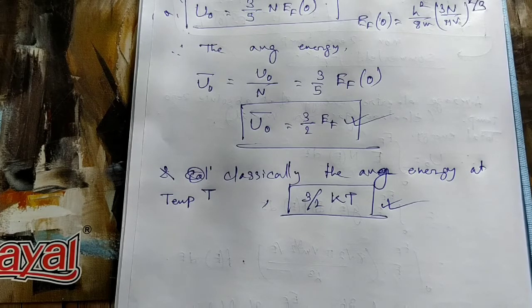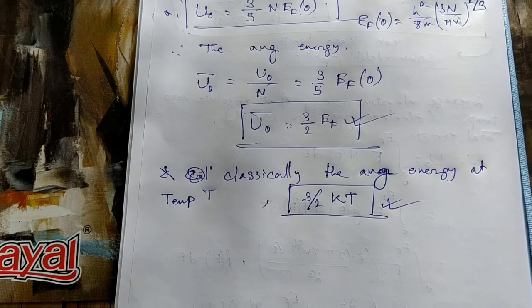In the next lecture we try to construct the equation of Planck's radiation law. This is one of the examples of Bose-Einstein statistics.